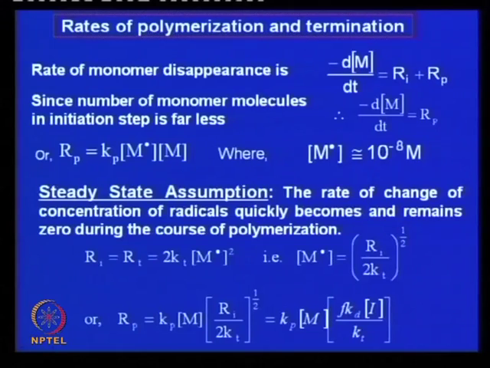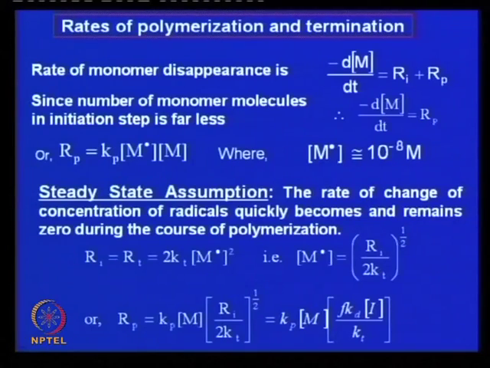In those initiation steps only one monomer is involved, whereas when all those initiated chains start consuming monomer in the propagation step, the overall consumption of monomers in the propagation step is far and far ahead of the monomer consumption in the initiation step. So, R I in this rate expression, if it is neglected, there is nothing wrong.